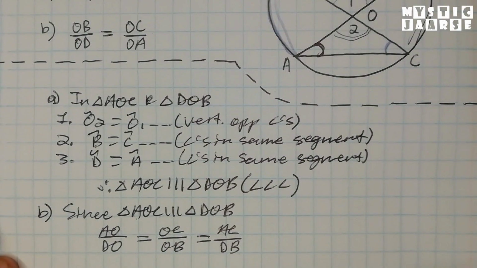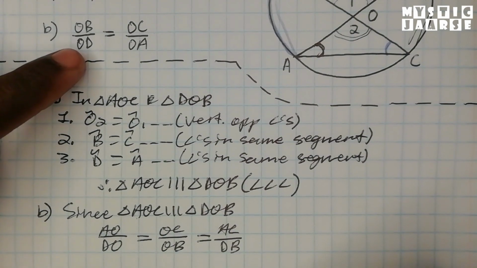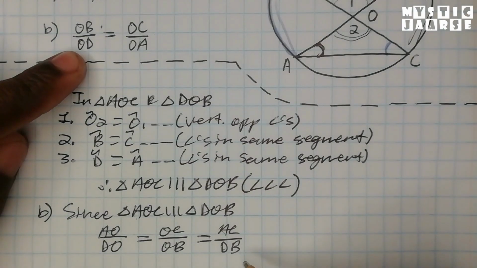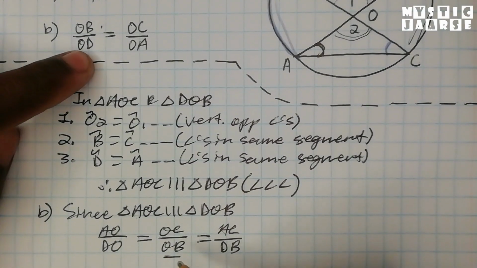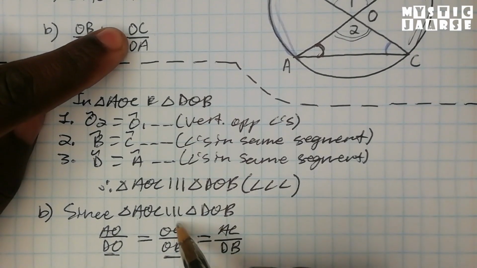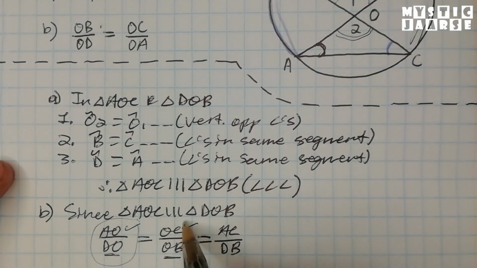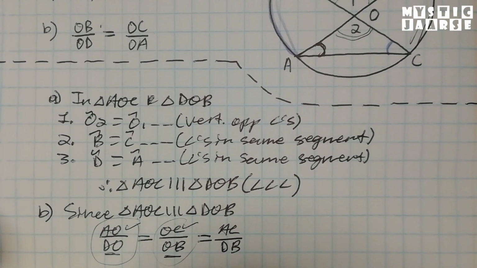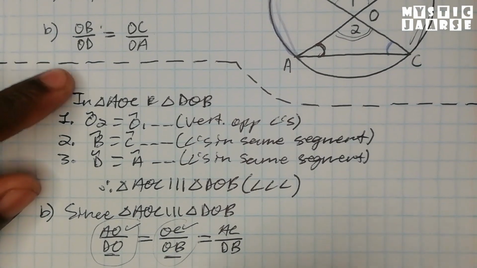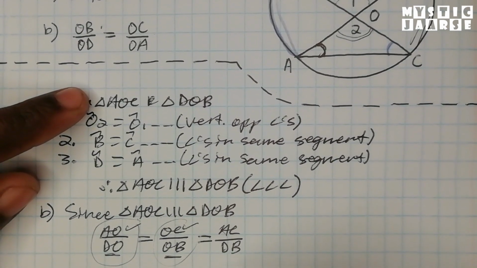And then from here on, I will take out the pair of sides they were asking me to prove are proportional. So we have OB, I have OB, OD, DO, OC, I have OC, OA, OA. So we will be taking this pair. So we have AO divided by OD. Now I'm writing it in this format is equal to OC divided by OB.